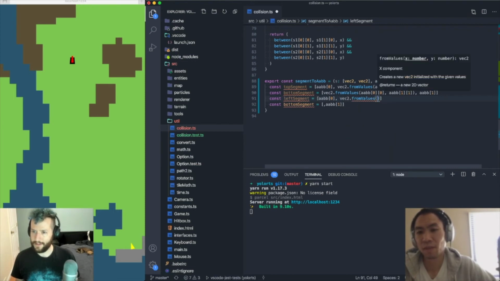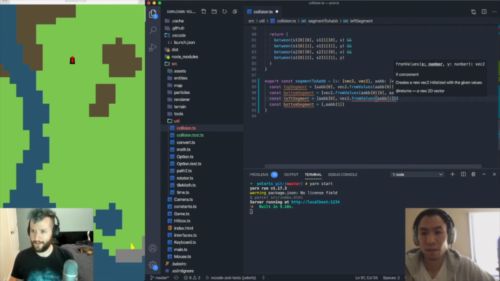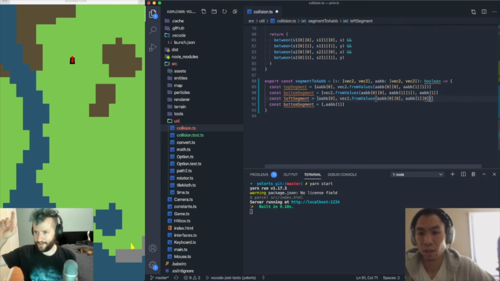Cool. And then this is the top to bottom, and this is AABB 1. Or no, 0, 0. AABB 1, 1. Wait a minute. No, 1, 0. It's the x value of the second point, which should be at the bottom.